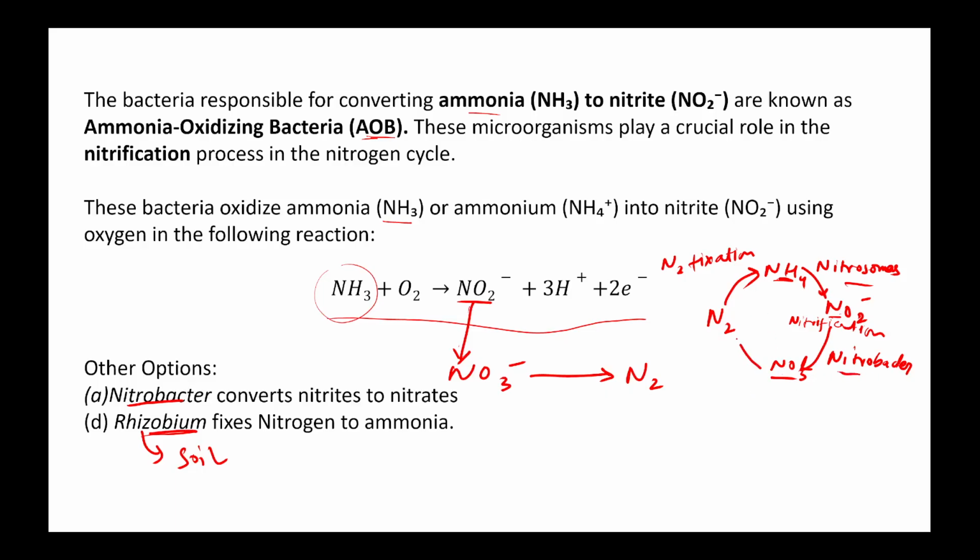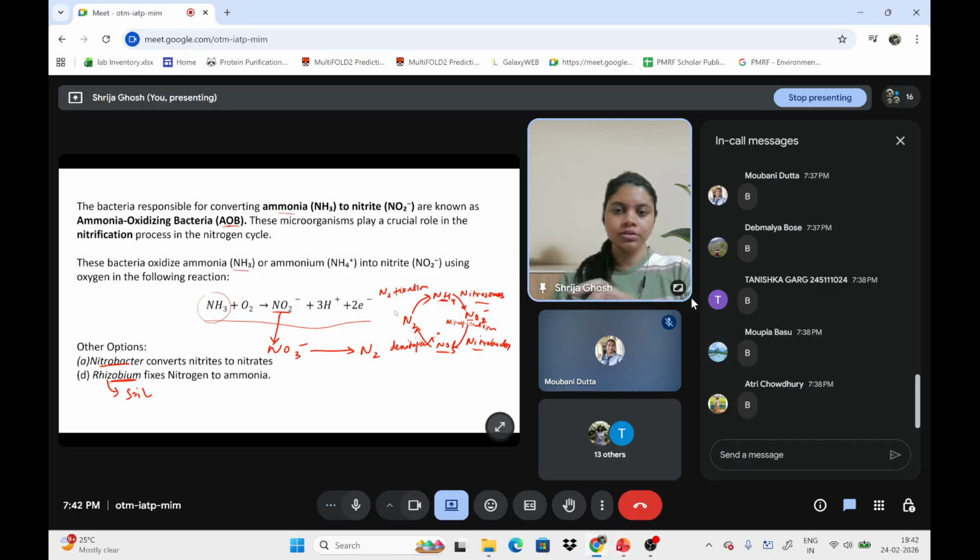These nitrates are then converted back to nitrogen. This process is called denitrification, and it is a reduction process. This is how the complete nitrogen cycle occurs in nature. I hope this is clear to everyone. If you have any doubt, please let me know.